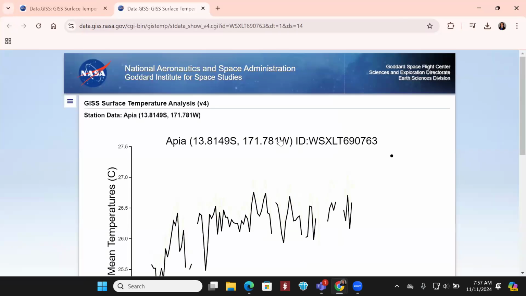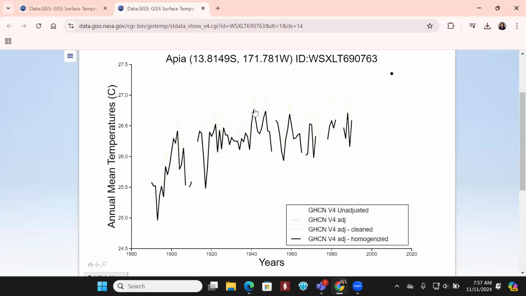Find the highest point between 1900 and 1940 and estimate its temperature in Celsius. All right, so what's the highest? Like here? Okay, so what is that? 26.75.